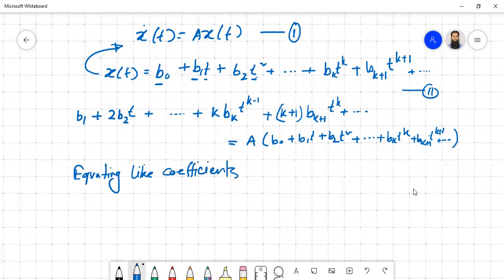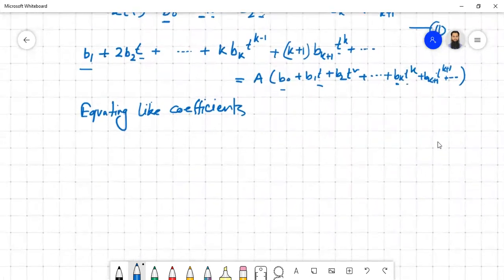That means the constants on both sides, the coefficients of t on both sides, the coefficients of t square on both sides, the coefficients of t to the k on both sides.